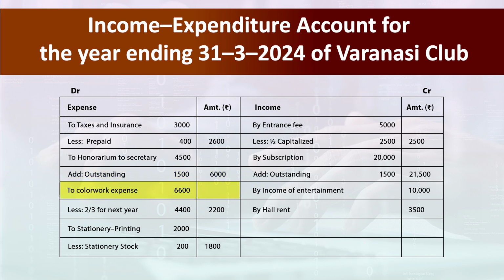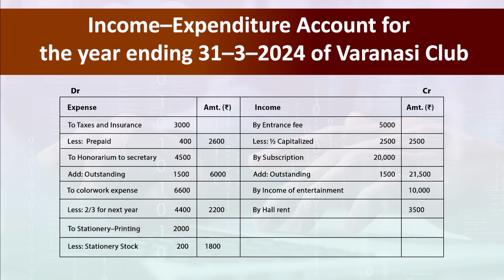Then we have the color expenses of rupees 6600. From it, we deduct 2/3 for the next year. The amount is 4400 rupees. The total comes out as rupees 2200. Then the next entry is stationery and printing expenses of rupees 2000.